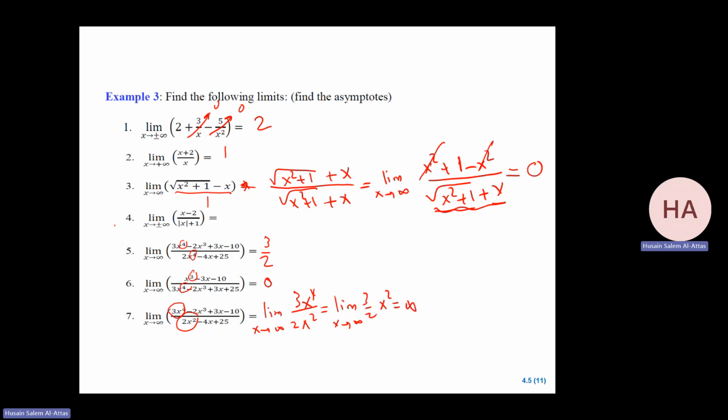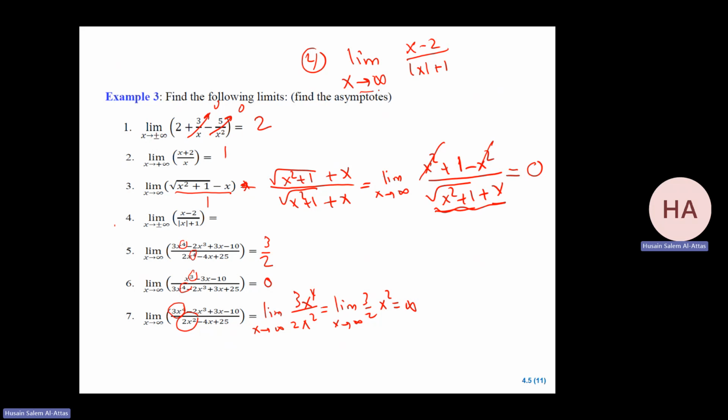Yeah, let me do number 4 here. Limit as x goes to infinity, and then I will do minus infinity, of (x minus 2) over the absolute value of x plus 1. Okay. Now, as x goes to infinity, as we said before when finding the limit, if there is an absolute value, first step, get rid of the absolute value.